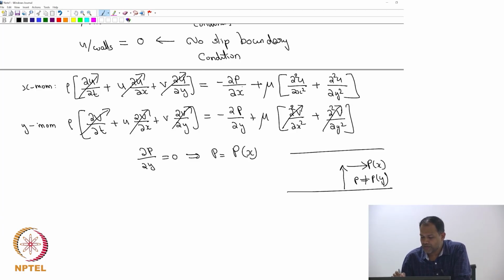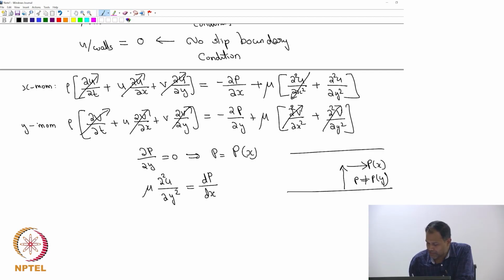∂p/∂x, anyway we do not know anything, but we know that p is a function of x. So, we have that. Then d²u/dx² is 0. So, that is also gone. d²u/dy² is non-zero, and that is what exactly we want to find out. So, we find that mu into ∂²u/∂y² is equal to dp/dx.